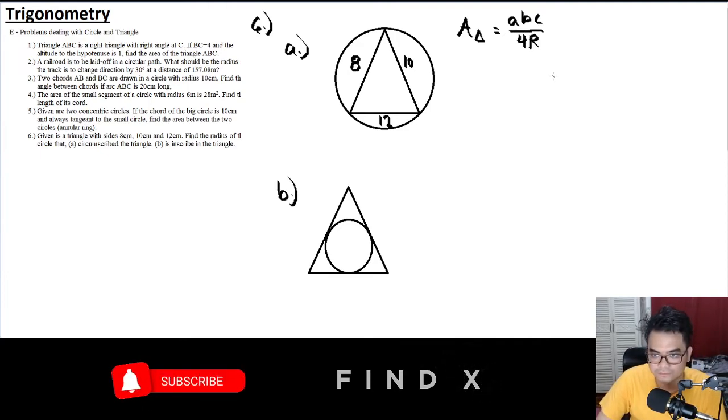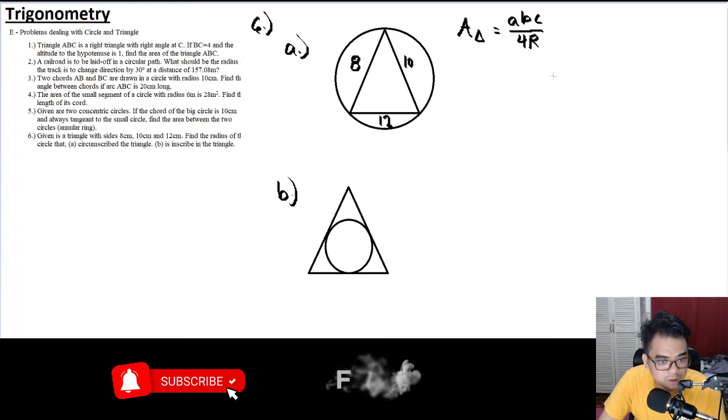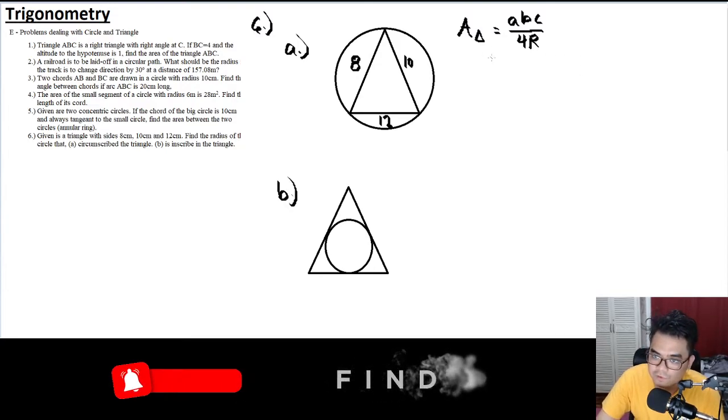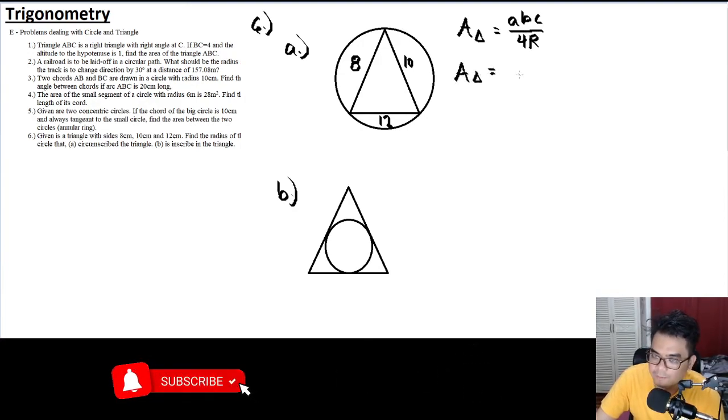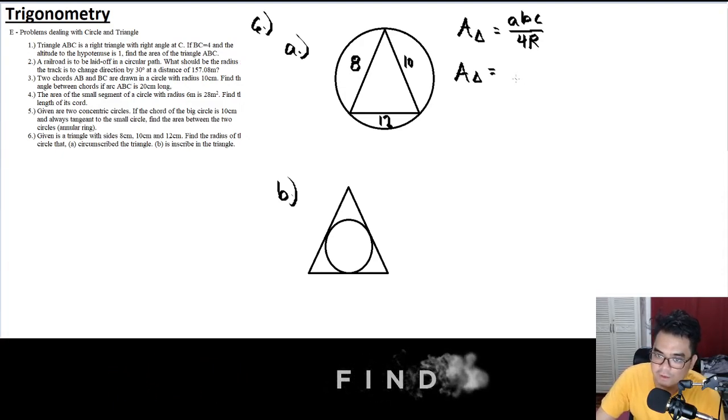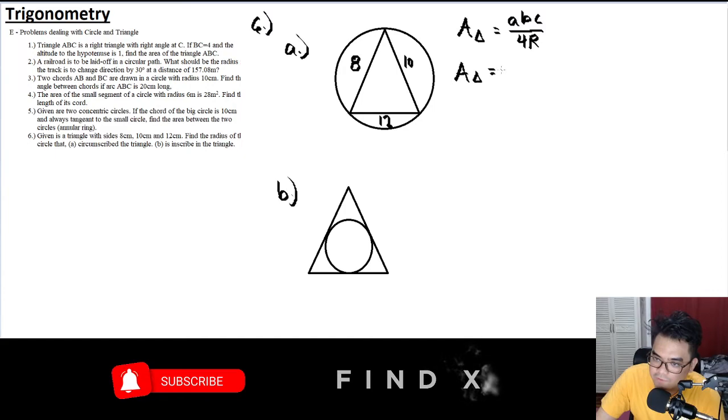What we are looking for is the radius. But first we have to get the area of the triangle. For the area of the triangle, we can use Heron's formula. You can use that formula if given three sides.